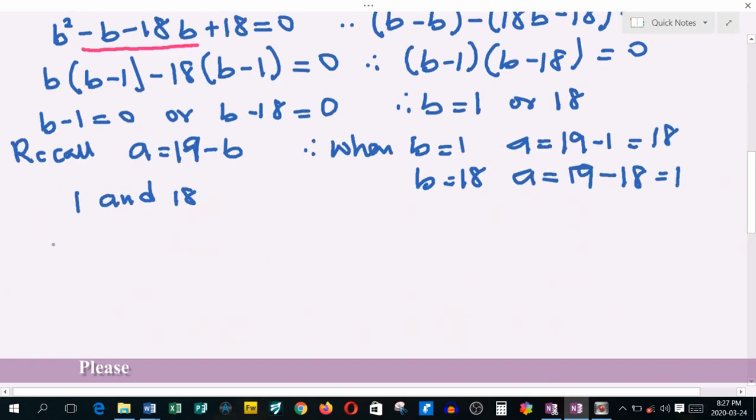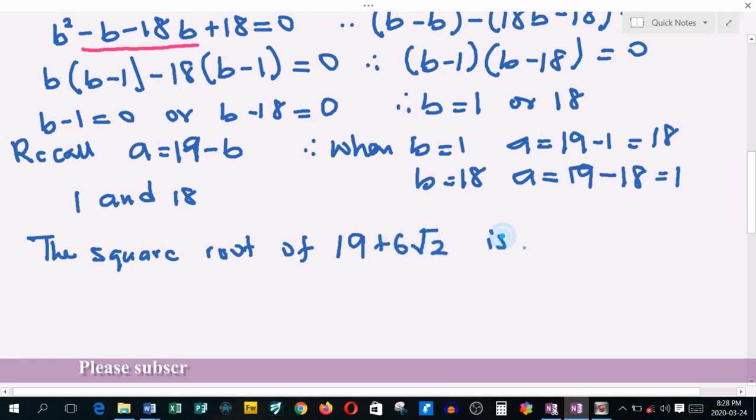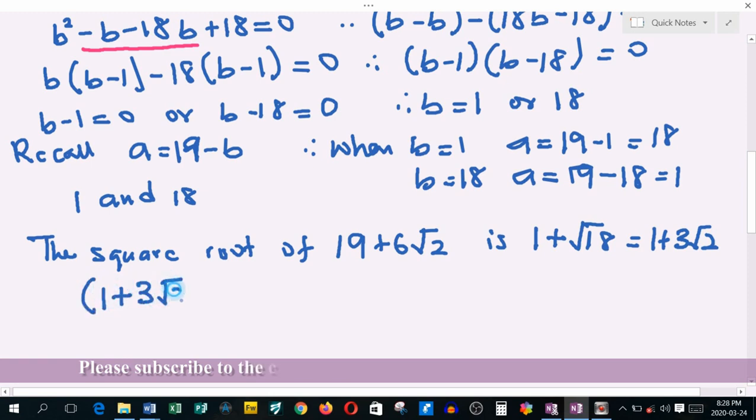So the square root of 19 plus 6 root 2 is 1 plus the square root of 18. Or we can put this, if we further simplify, 1 plus 3 root 2. So we have 1 plus 3 root 2 squared will give us 19 plus 6 root 2.